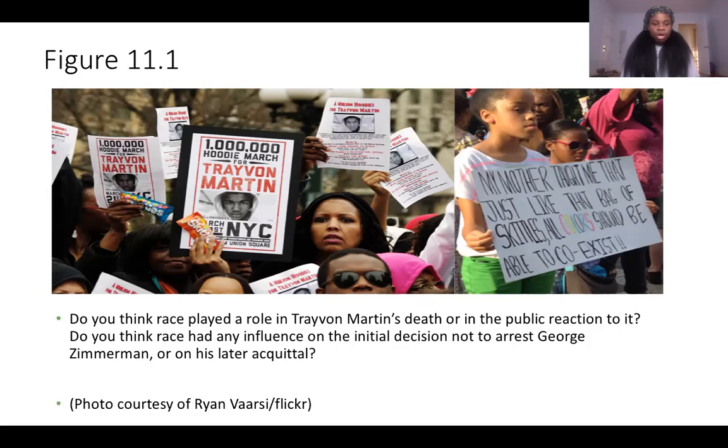Zimmerman was eventually told to stop following Trayvon Martin by the operator, but continued. They got into a scuffle, and George Zimmerman shot Trayvon Martin. This is a very brief, very broad overview, but you can Google it on your own. It happened around 2010, etc. Okay?